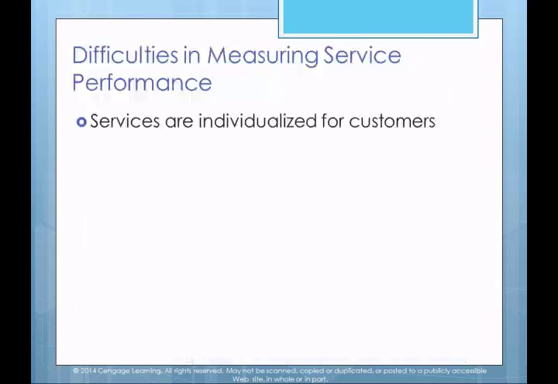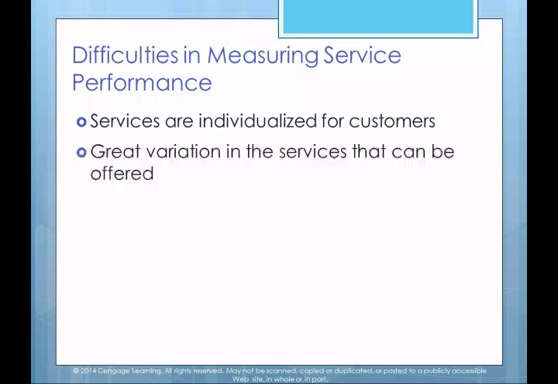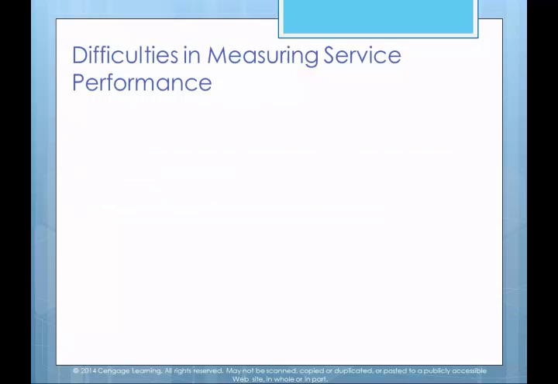Difficulties in measuring service performance. Services are individualized for the customer. There is great variation in the services that can be offered. Perception of the quality is subjective, and that is a huge challenge for all of us in the performance management process: the perceptions.